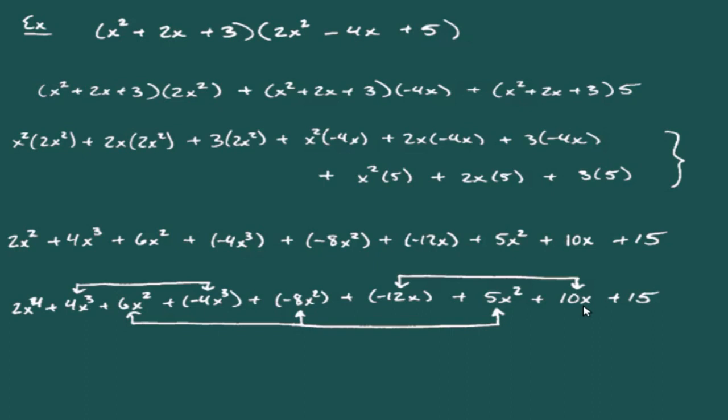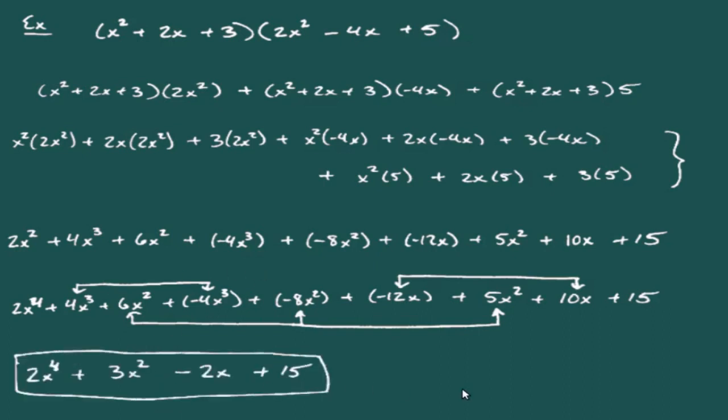And so adding those together, the plus 4 and the negative 4 cancel each other out, so we have no more x cubes. So we've got our 2x to the 4th plus our 6 minus 8 plus 5 gives us a plus 3x squared. And then a minus 12 plus 10 gives us a negative 2x plus our 15.